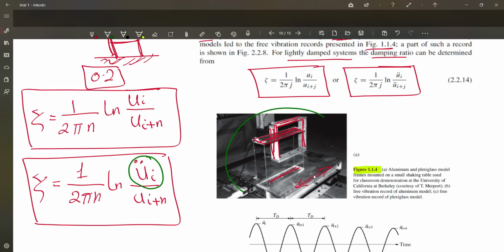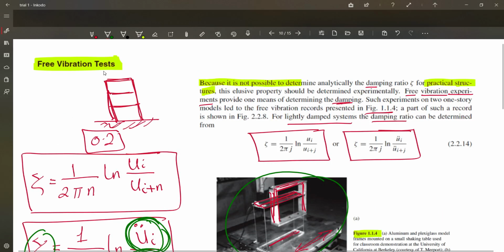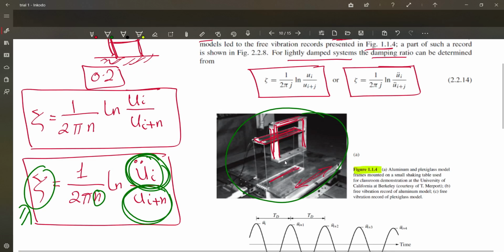In these kinds of tests, it is easy to test the acceleration. So we can apply the test and get the ratio between the acceleration after several n cycles, and then we can obtain the damping ratio of the system. This is the reason for making free vibration tests of models.